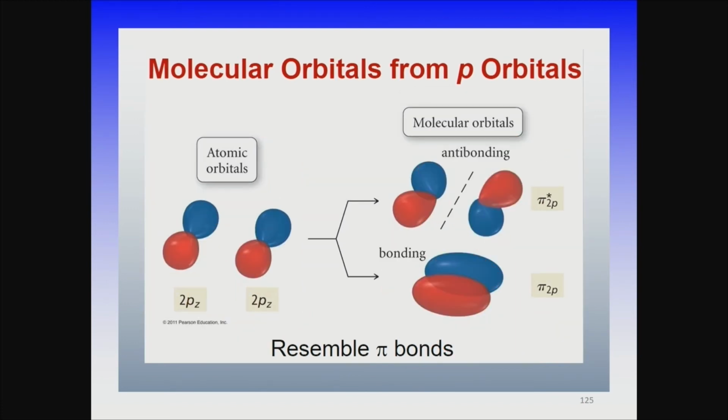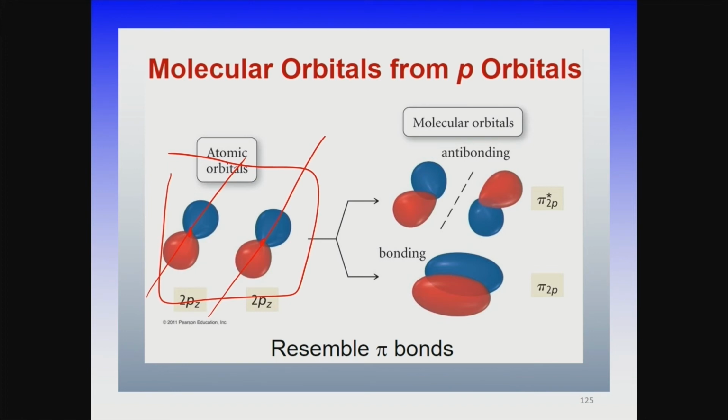Now, the same thing can happen with two atomic p orbitals that are oriented on the z-axis. And so here we have the two atomic orbitals. They're both p orbitals, and so there's a nucleus here and a nucleus here. And you can see that the lobes of density are aligned on a z-axis that is heading out toward me and then heading into the board.